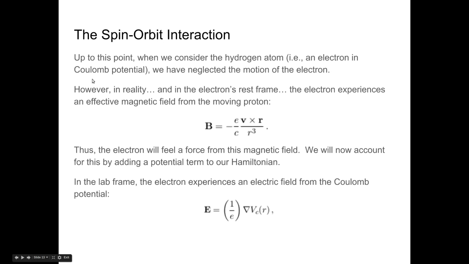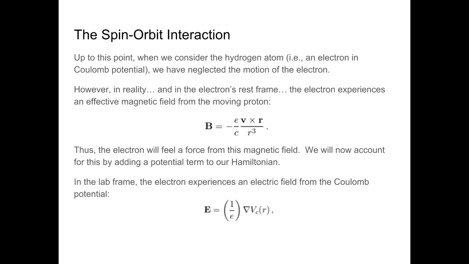Today we're going to put that back in, because in reality the electron's whipping around. A charged particle in motion gives off a magnetic field. Hopefully this isn't news to you guys.